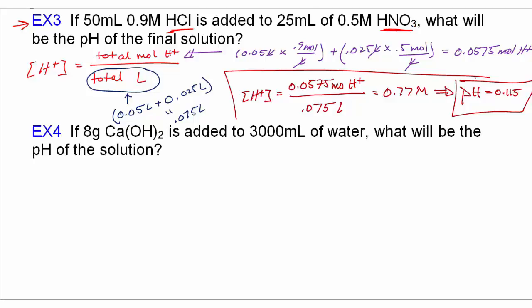Last one. If 8 grams of calcium hydroxide is added to 3,000 mils of water, what will be the pH of the solution? We're given hydroxide, and we're given the grams, so we can get moles of hydroxide out of this.